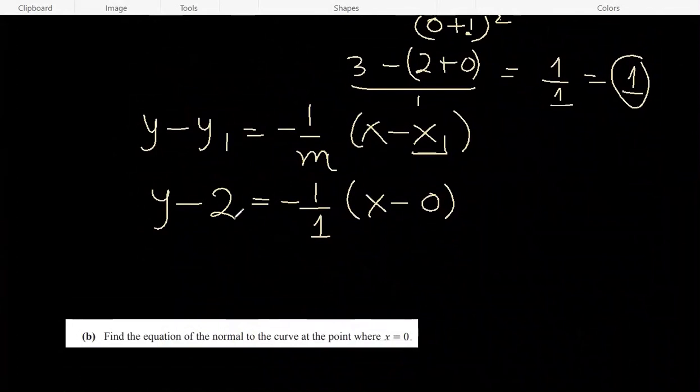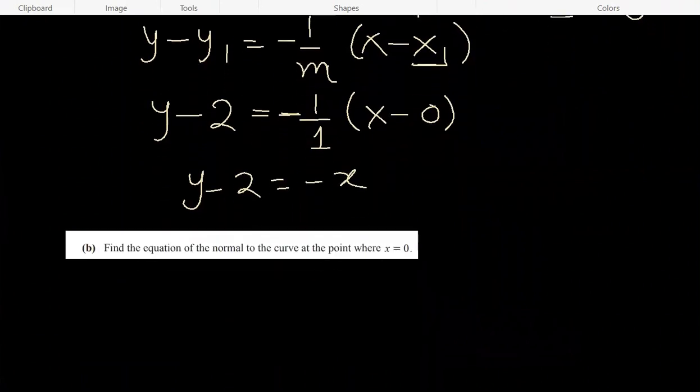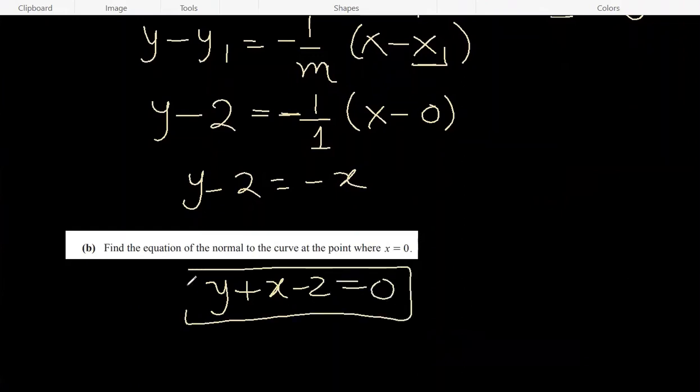And now we are ready with the equation: y minus 2 equal to minus 1 over 1 times x minus 0. Let's collect everything to the left side: y plus x minus 2 equal to 0. This is the equation of the normal.